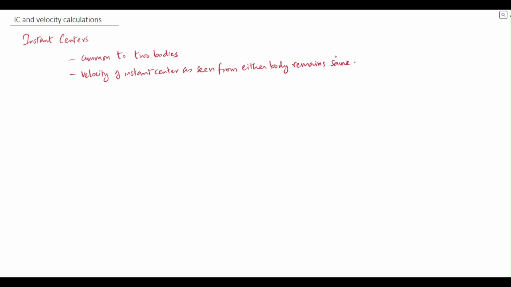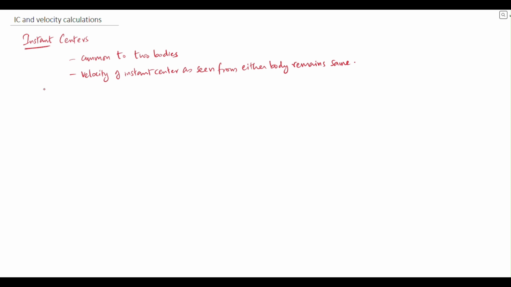The important thing to note is that it is an instant center, which means at any given configuration or any point of time, the instant center is going to have the same velocity from either body.